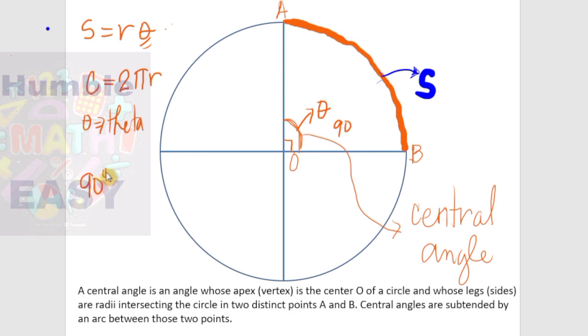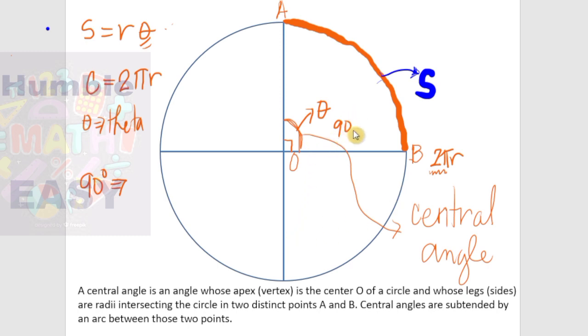If we are going to make use of this theta in degrees, we change that into pi. The whole part is 2 pi r, so the 2 pi is considered as the whole length.